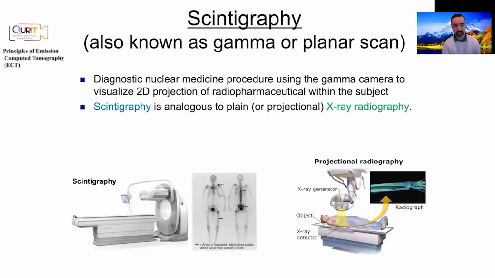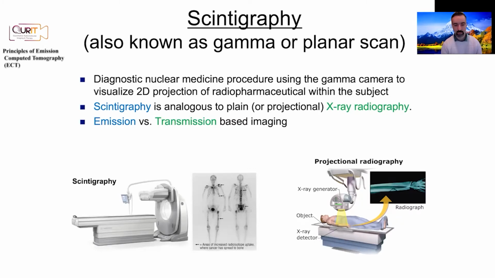So this is emission imaging, right? And scintigraphy is analogous, as we mentioned in a prior lecture, to planar or projectional X-ray radiography. But the difference, of course, being that in X-ray radiography, the source is outside. So it's a transmission versus emission kind of framework.